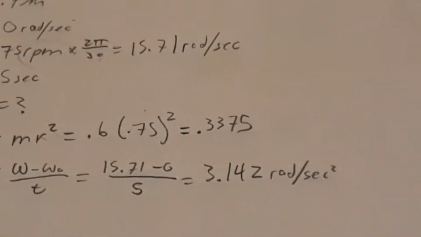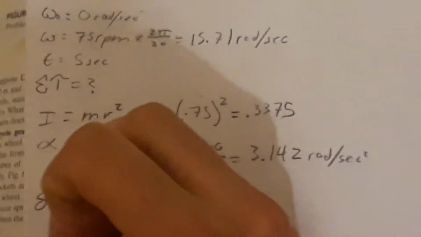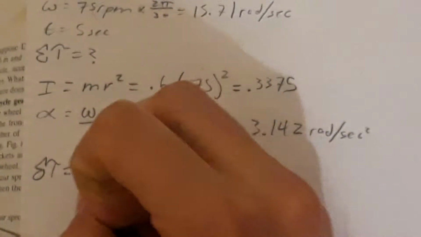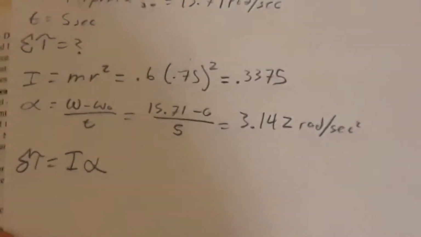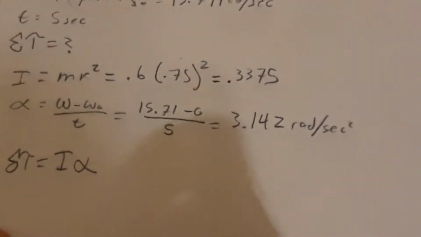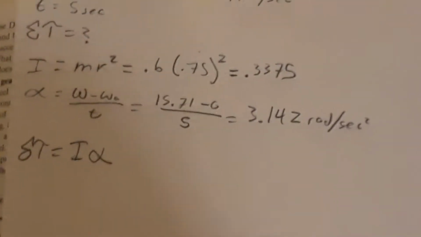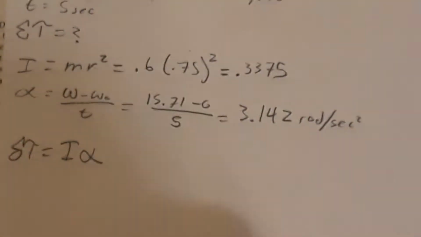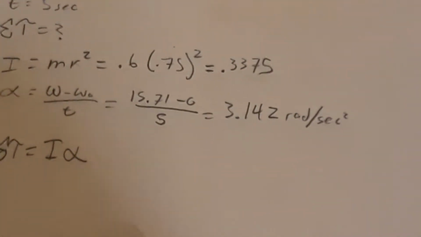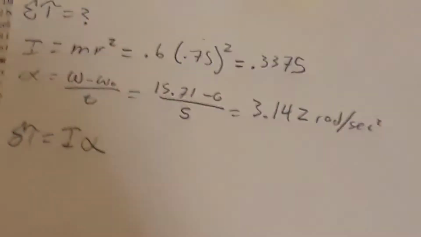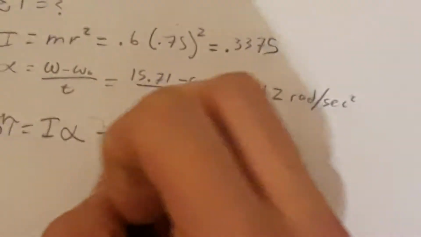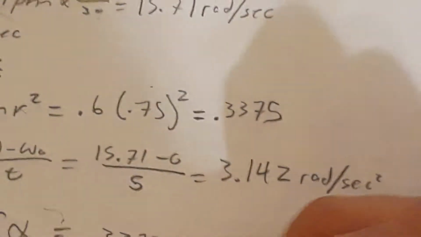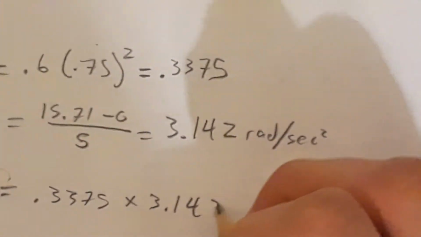Alright, so I got my moment of inertia and my acceleration. Now I can easily find my net torque, which is very simple. The equation is net torque is equal to moment of inertia times angular acceleration. It's the same thing as the linear version of this, force equals mass times acceleration, just with different variables. You can plug that in, which is 0.3375 times 3.142.